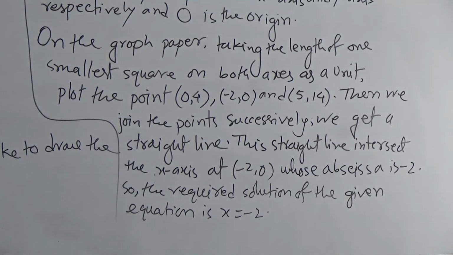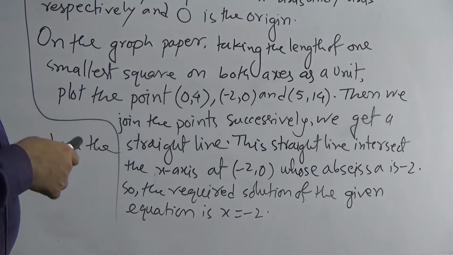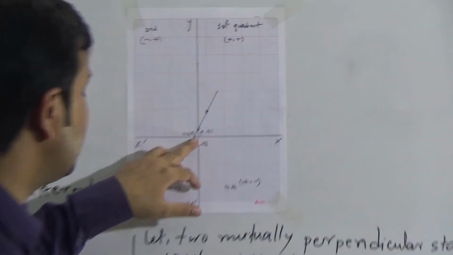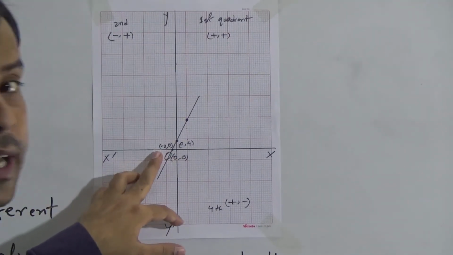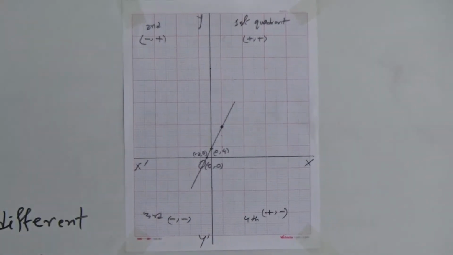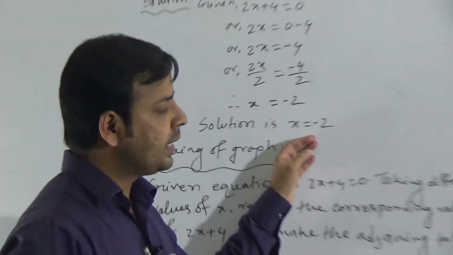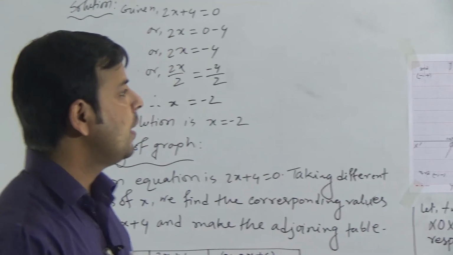Dear students, from the graph we can say the straight line intersects the x-axis at minus 2, 0, and the abscissa of this point is minus 2, and this is the solution. We have solved the equation here too, and here is also x equal to minus 2. So this is our required solution, and I have shown the solution in the graph.